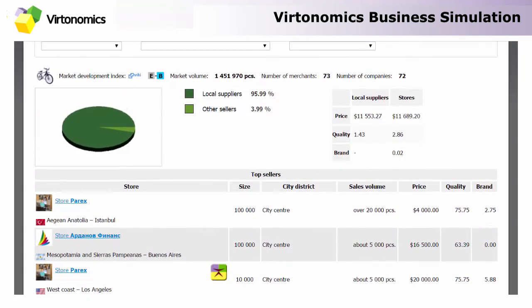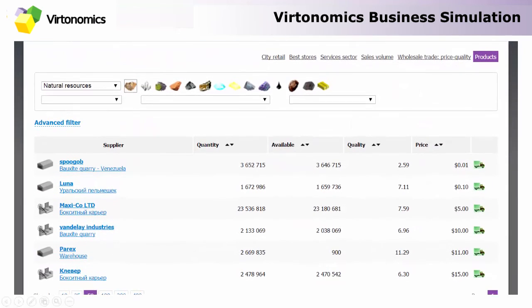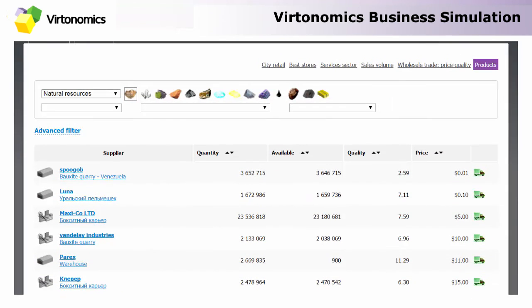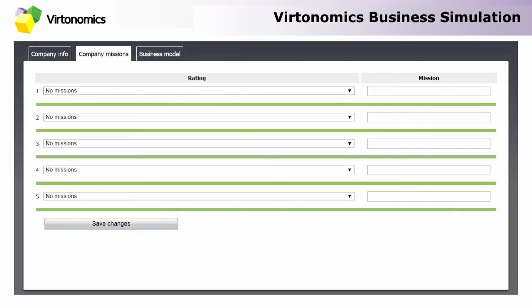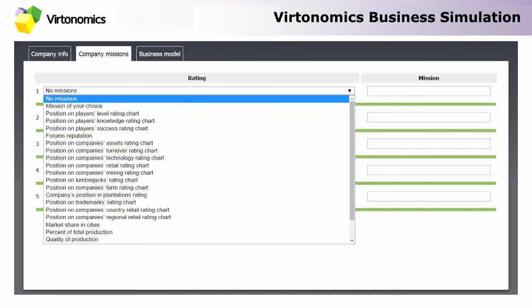Now, as you see, we have basically all necessary materials for the virtual economy to be formed, and we also have additional tools for you to jump into strategy creation, because first of all, you can create your own missions and you can state your own missions.